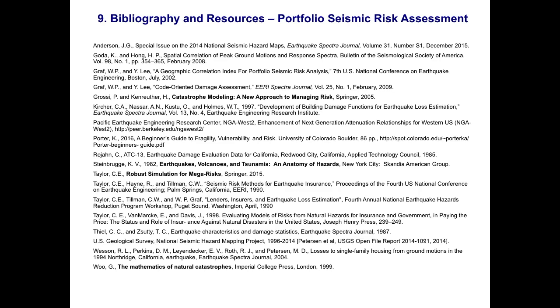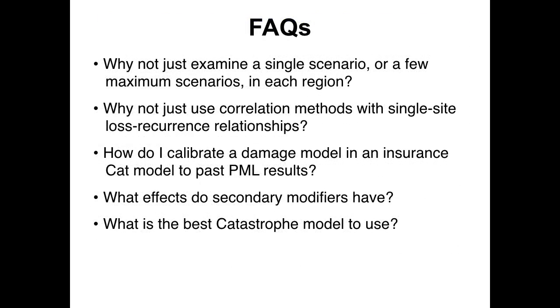So what are some questions that would come up as we discuss portfolio seismic risk assessment? One of the things would be, why don't we just examine a single scenario or a few maximum scenarios in each region? And I think we saw how portfolio seismic risk assessment provides a better and more complete answer in terms of not only all the levels of loss that can occur, but all the losses that occur to specific stakeholder parties.